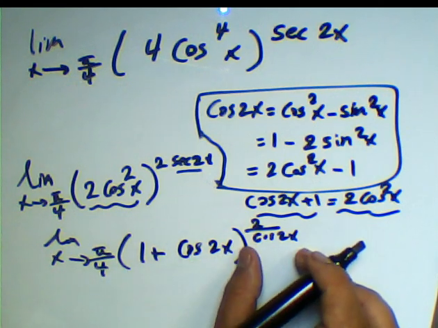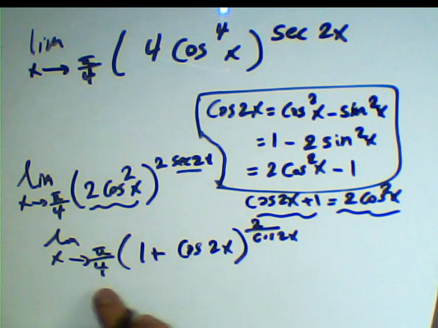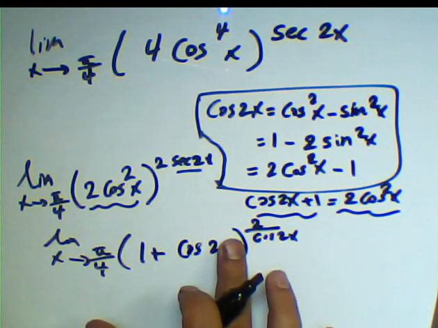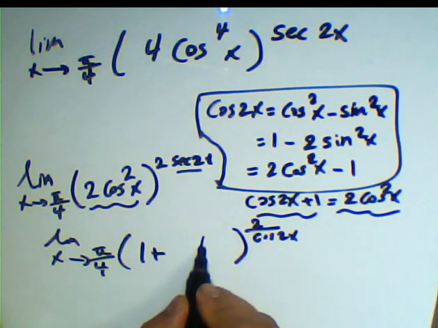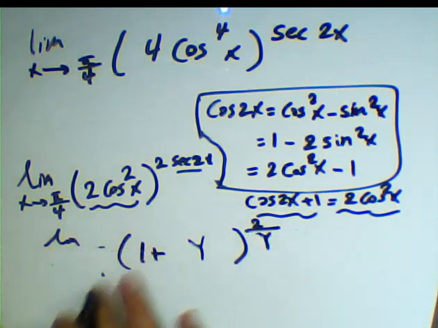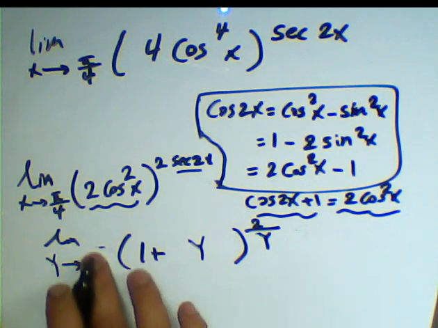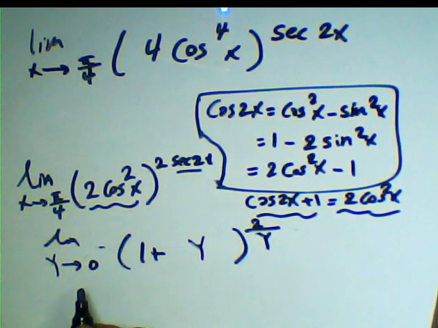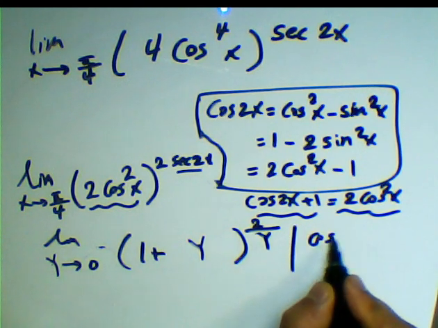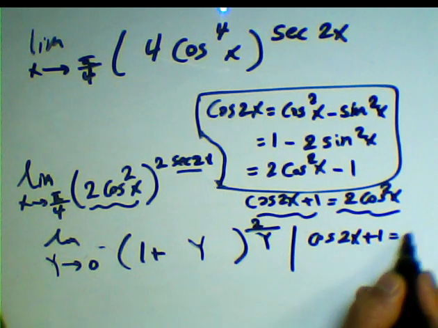We have here base equal to the exponent's inverse, but since x approaches pi over 4, we can cancel cosine 2x and write cosine 2x equal y. And y will approach what? Infinity or 0? y will approach 0.